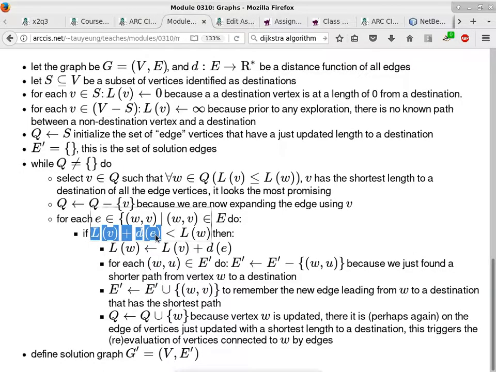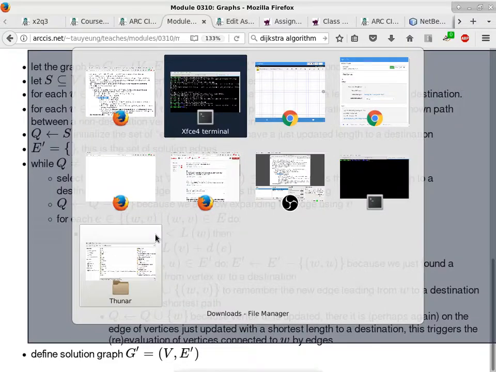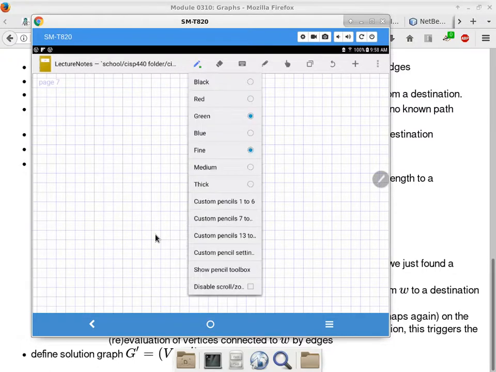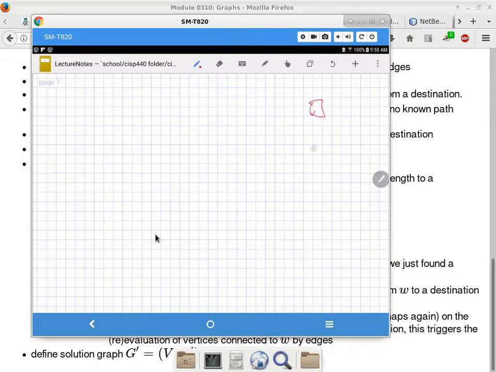Okay, so let's take a look at the picture. Maybe that will help. So we have some kind of destinations. We don't even care where the destinations are. So we have some destinations, multiple destinations. And then we have vertex V here, and vertex V has a particular length to one of the destinations.